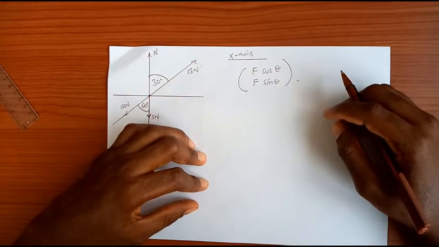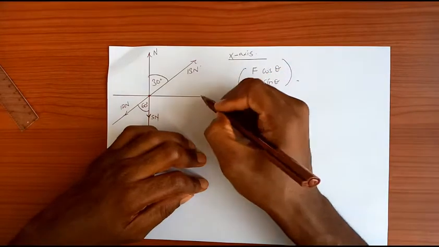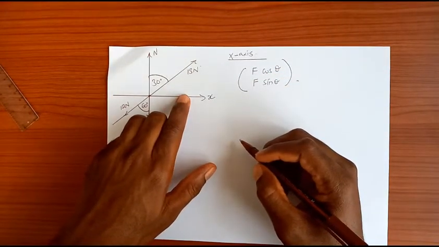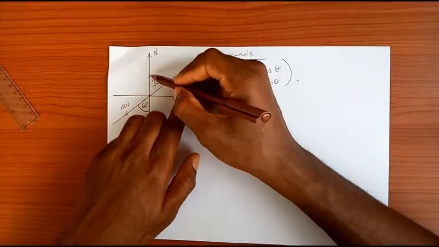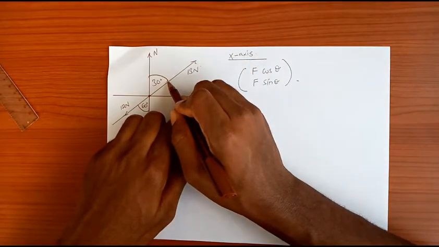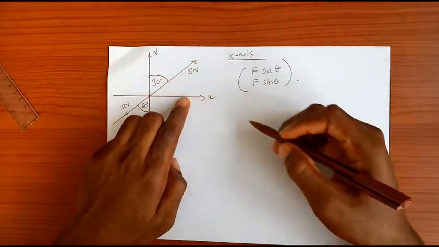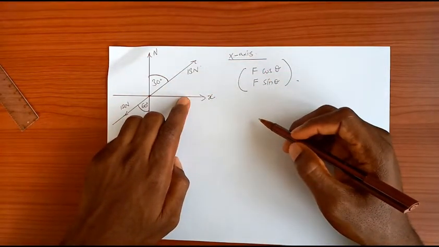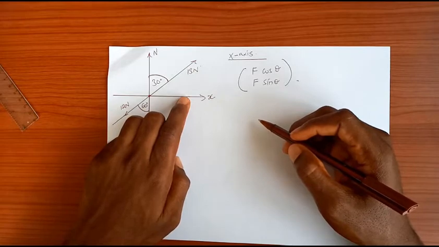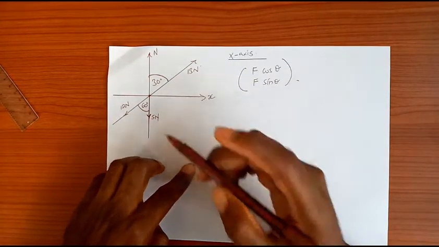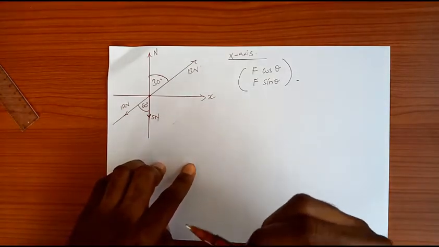Now, there's something about trigonometry. Now that we are taking our angles with respect to the x-axis, remember, when we were taking with respect to the y-axis, we took it from the y to the force. So now we take it from x to the force. But in trigonometry, when you go in an anti-clockwise fashion, the angles are positive. But when you go in a clockwise fashion, the angles are negative. Please take note.